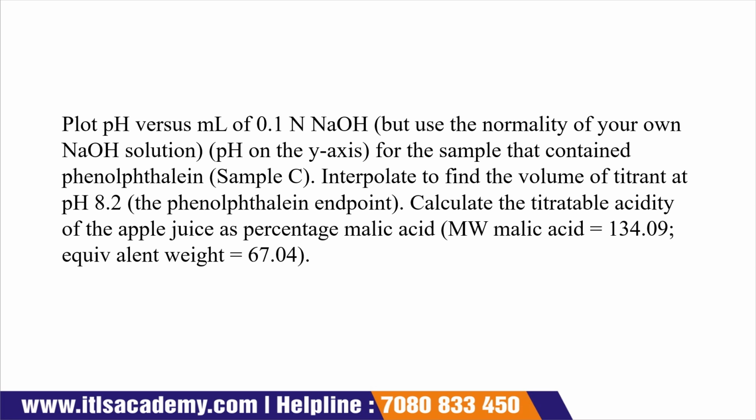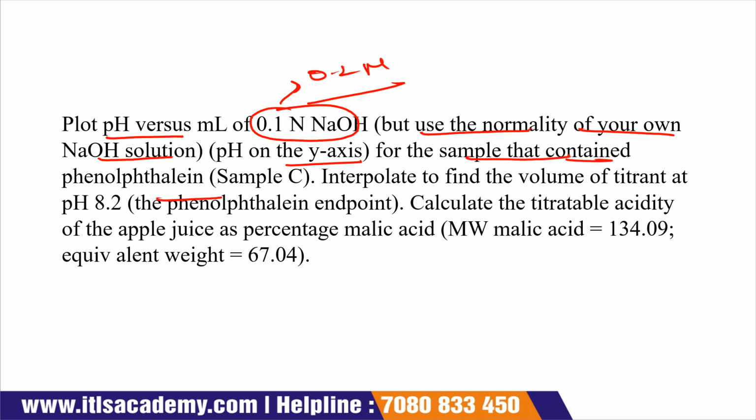Now after that we have to plot a graph between pH and ml of 0.1 normal NaOH, but use the normality of your own NaOH. Okay, suppose that if you prepared 0.2 normal NaOH, then you have to use it. Now pH will be on the y-axis for the sample that contains phenolphthalein, that is your sample C, and interpolate to find the volume of titrant at pH 8.8, the phenolphthalein endpoint, and with the help of this we have to calculate the titratable acidity of the apple juice as a percentage of malic acid.